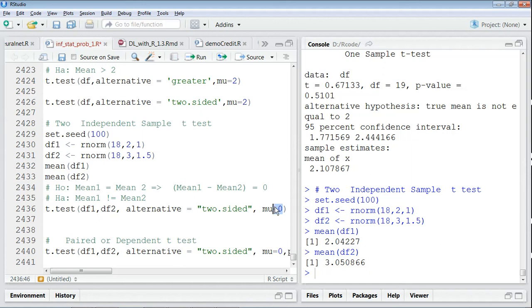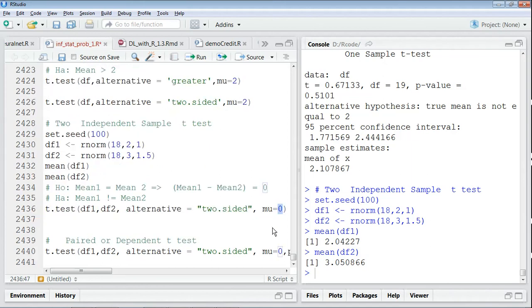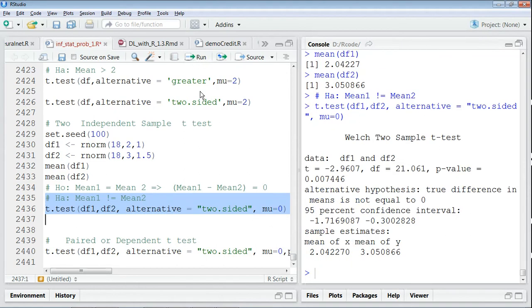Please don't forget this one. In the previous case, the hypothesized mean was 2. In this case, the hypothesized mean was 0. In almost all the cases, it will be 0 only, especially in the case of a two sample independent t-test. Hence we need to specify this one, mu is equal to 0.